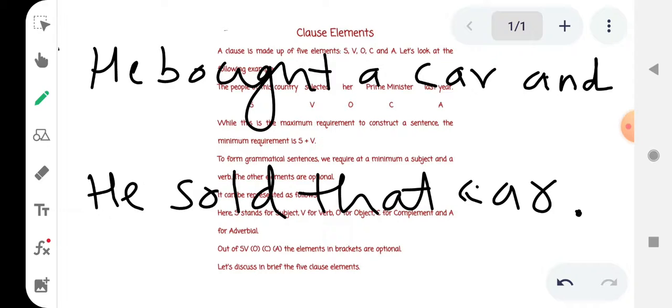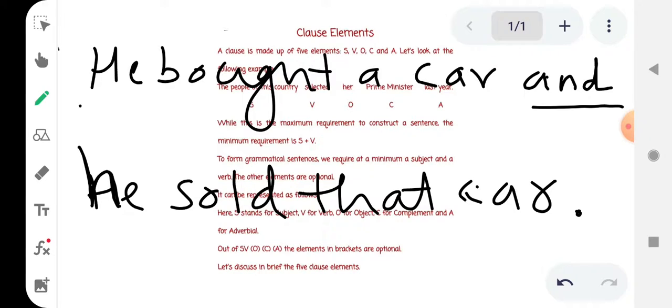By removing the full stop from here, we placed "and". This becomes one single sentence. He bought a car and he sold that car.